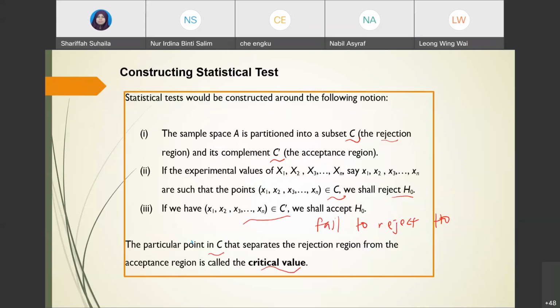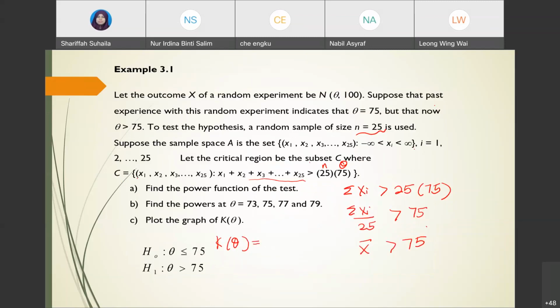So kalau base balik pada ini, okay, kita reject H0 bila X1, X2, ..., Xn belong kepada kita punya critical region. Okay, ini set C kita. Ini, bila summation xi greater than 25 times 75.